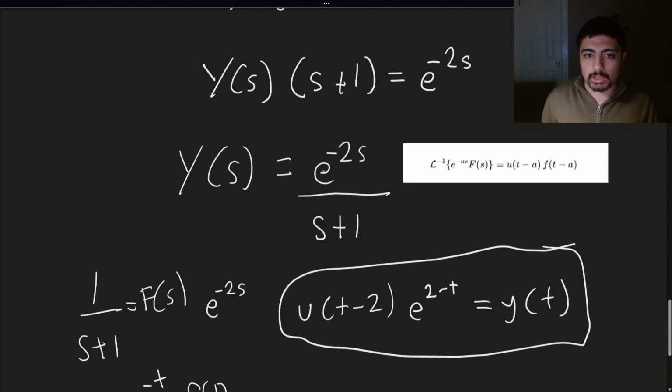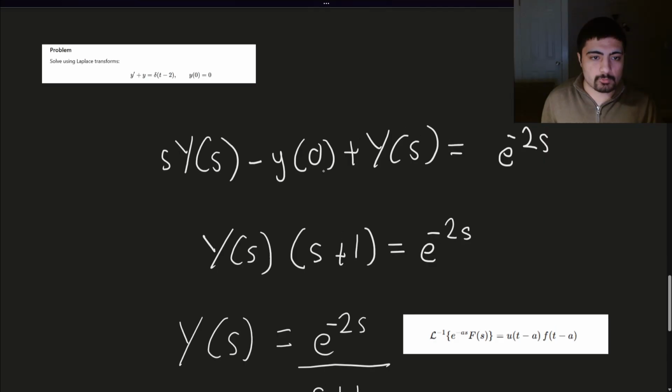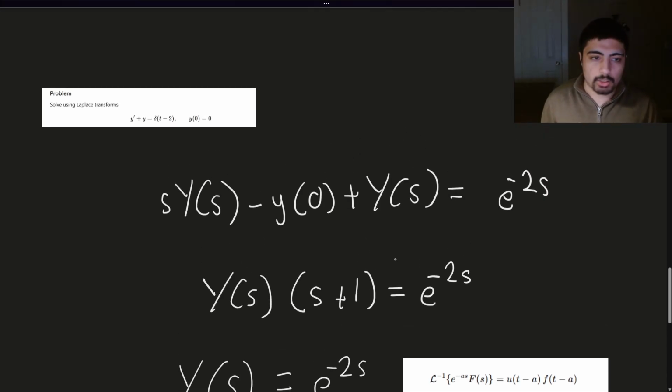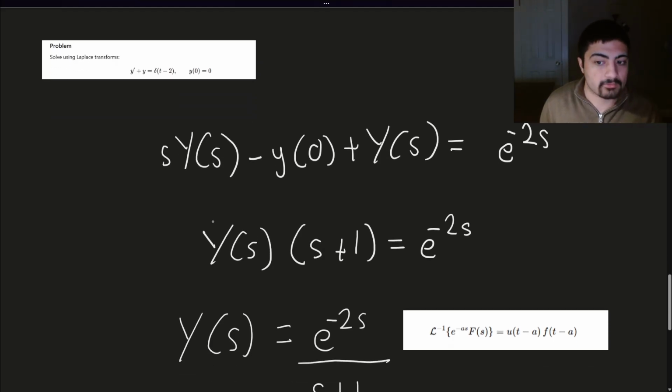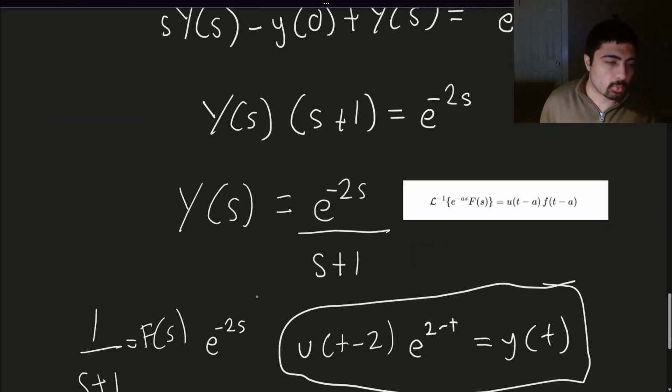So basically, in summary, what we did was we built this equation to represent the Laplace of the left-hand side and the right-hand side. Using the given initial condition, we were able to simplify it a little bit, and I factored out Y of s, and then we solved for Y of s, and we wanted to take the inverse Laplace.